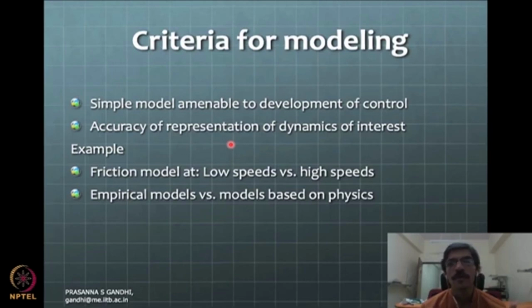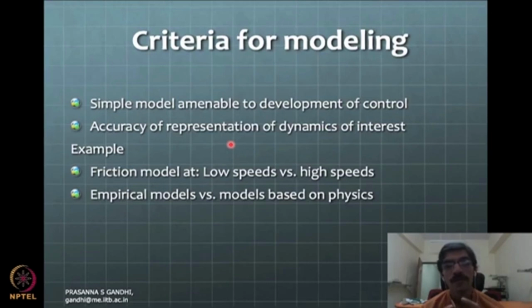In other cases, where there is a fan attached to the motor, if I start modeling this fluid structure interaction of the fan and create some huge numerical model, or some partial differential equation based model, it's going to be hell for me to control this fan system, if it needs to be controlled.